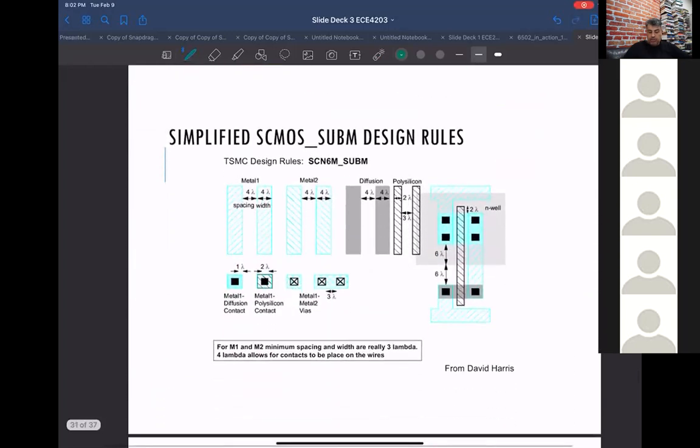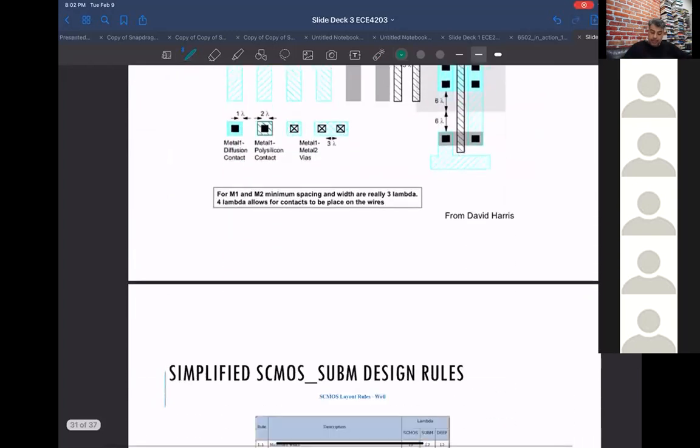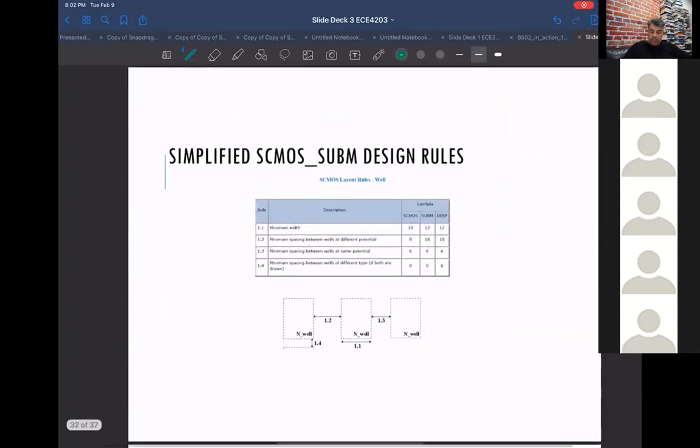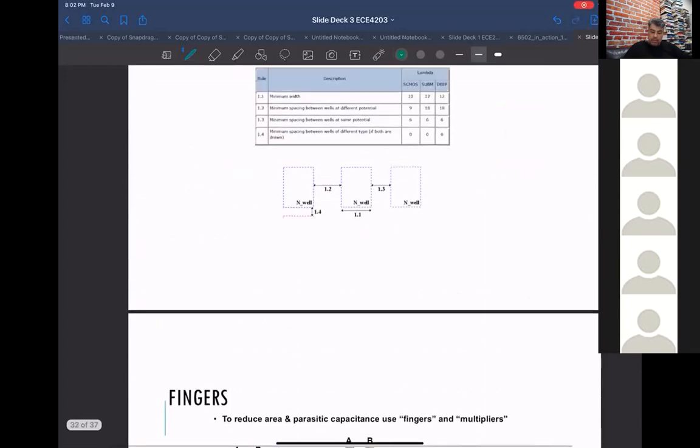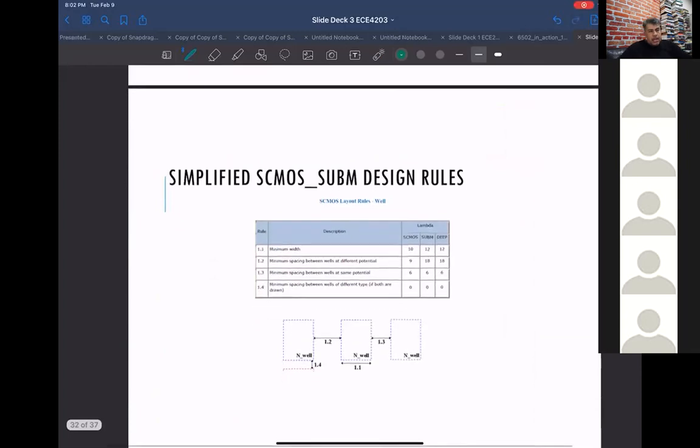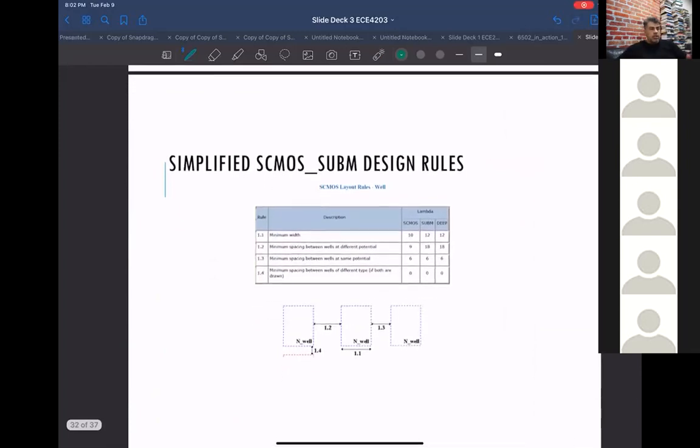So it's just a bunch of different rules. And this is an example of what you'll see in the document. I put this document on the Blackboard, so let me see if I can share it with you guys. Let's see.